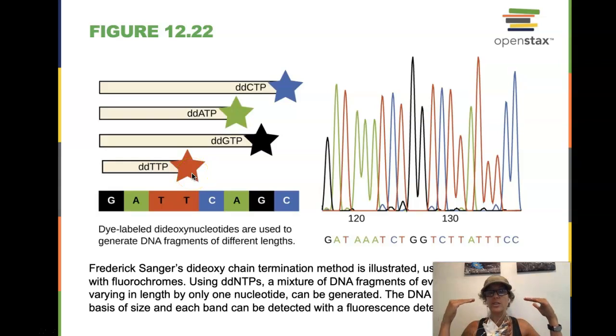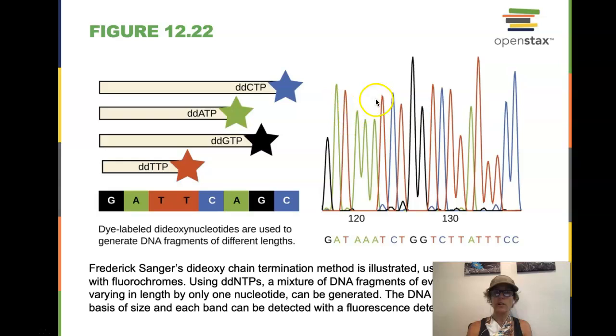And as this chain is extending, a machine reads which nucleotide we ended at. And so this would say this nucleotide is a G, this one is an A, this one is a T, this one is an A.